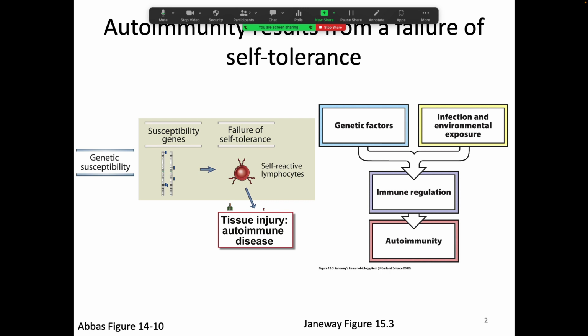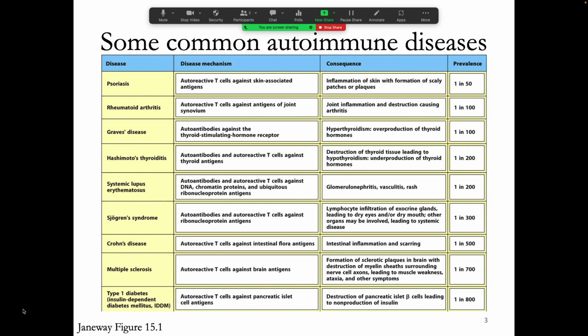But we've got a bunch of tolerance mechanisms that we talked about last time. And that might make you think that this should not happen so much. But some of these autoimmune diseases are decently common, perhaps more common than you'd think, given the number of tolerance mechanisms.